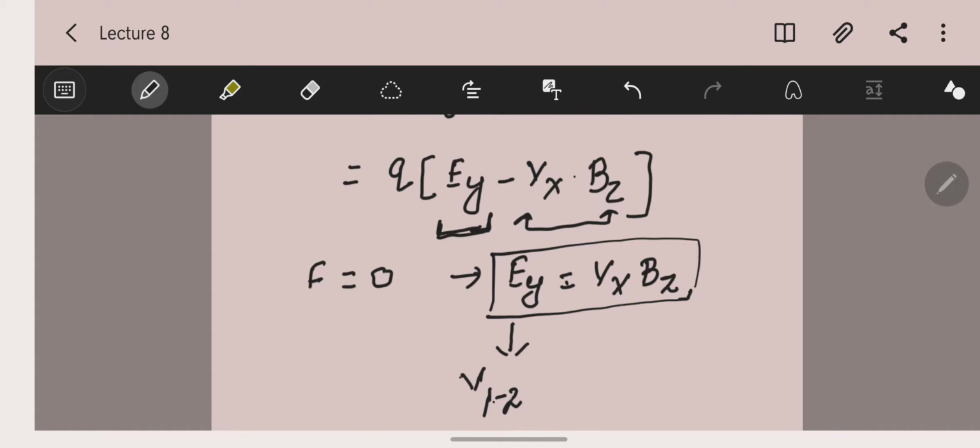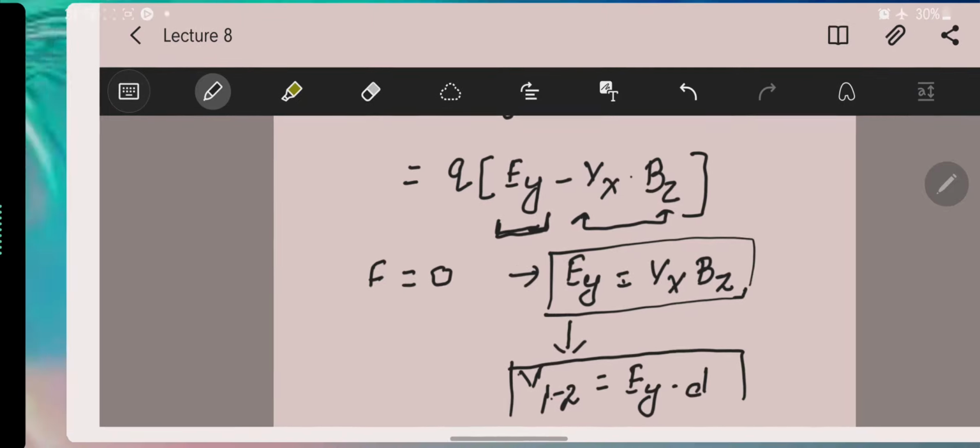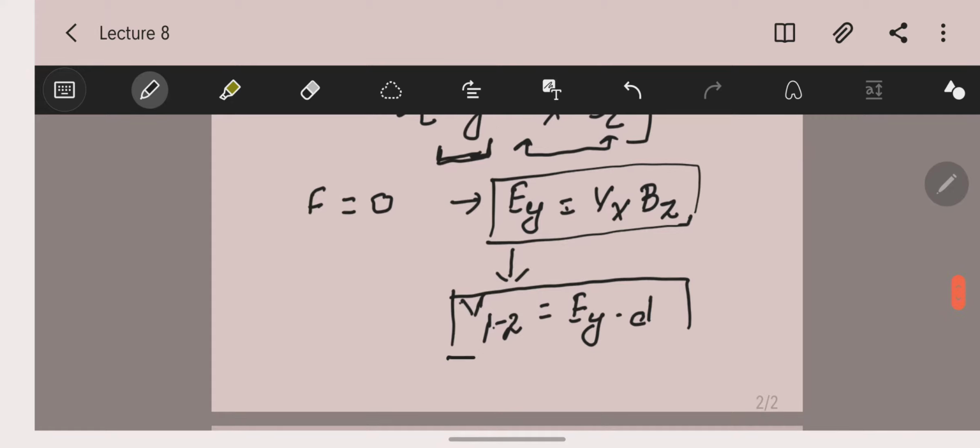Voltage between 1 and 2 will be induced because of this electric field, and thus it will be equal to the electric field in the y direction Ey into the spacing between the top and the bottom surfaces, and the spacing is specified by d. The voltage induced will be V12 equals Ey, the electric field in the y direction, multiplied by the spacing between the top and the bottom surfaces. Now this is the electric field and this is the voltage.